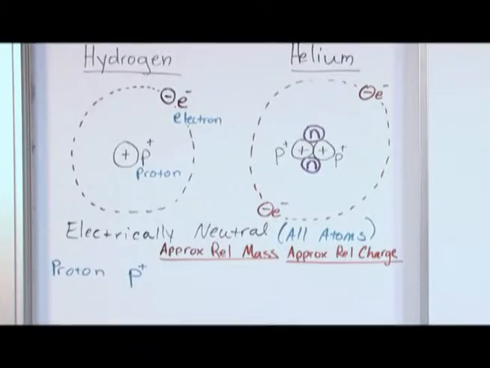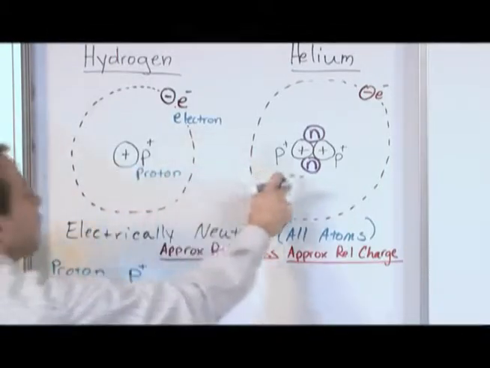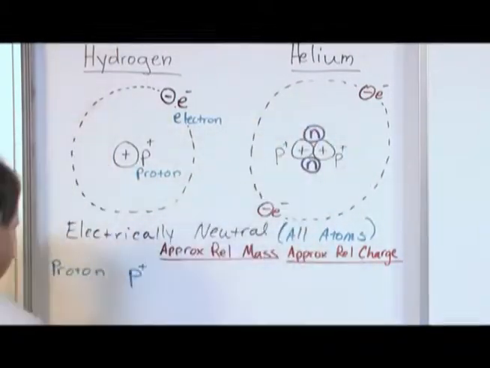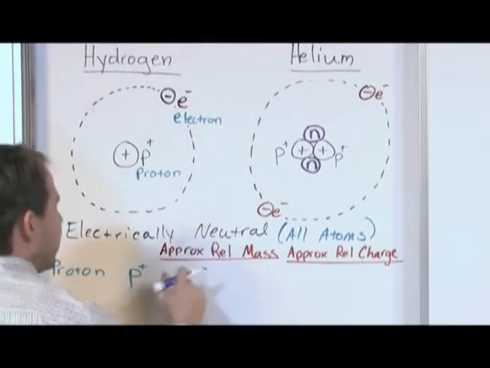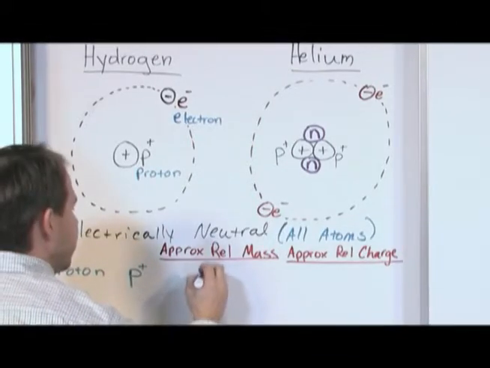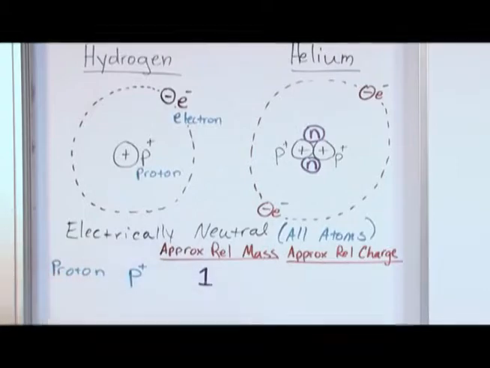I haven't talked to you about this, but I did tell you protons and neutrons are in the center of the atom. We say a proton has an approximate relative mass of 1. Let me explain what relative mass means.